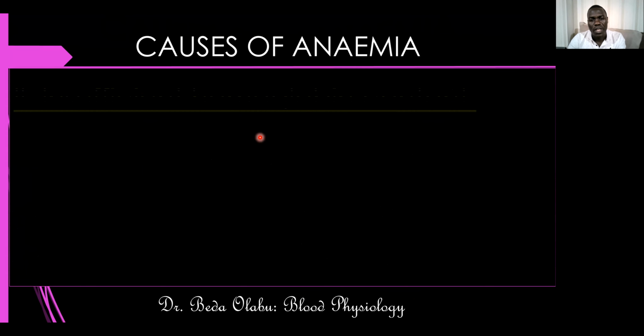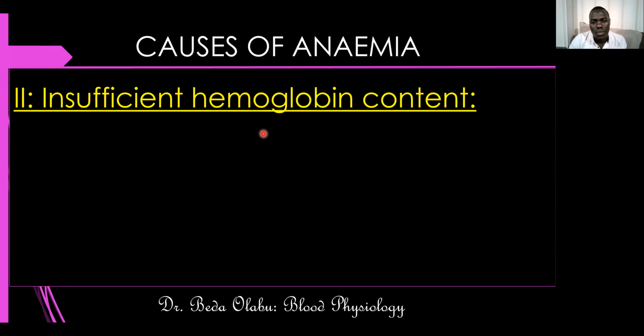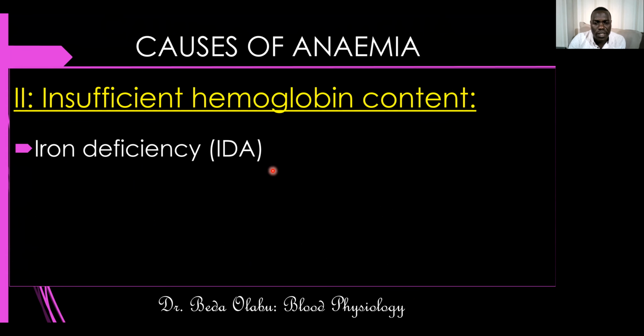You can also have anemia due to insufficient hemoglobin content. The hemoglobin within the red blood cells is low. So maybe the red blood cell count is normal, but the amount of hemoglobin within the red blood cells is low. Possible causes of this include iron deficiency.